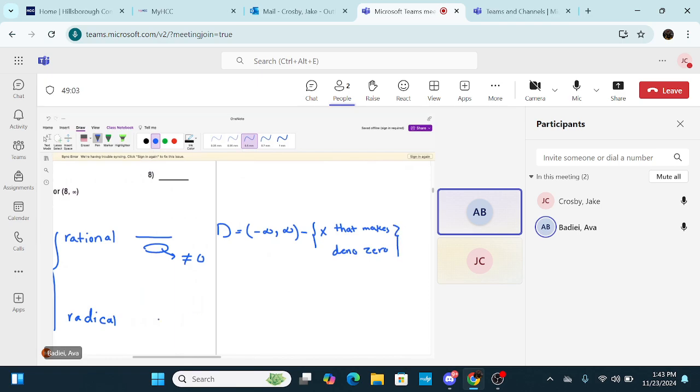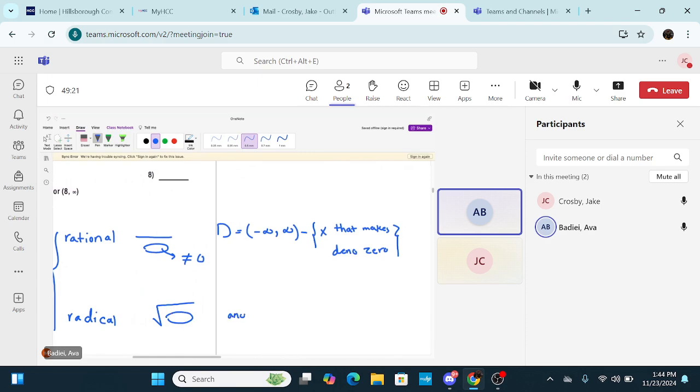And for radicals, again, we are going to say all x. Now for a radical, if it is an even index, so square root, not the cube root, we say the number under the radical can't be negative.